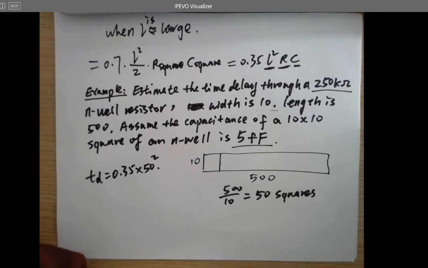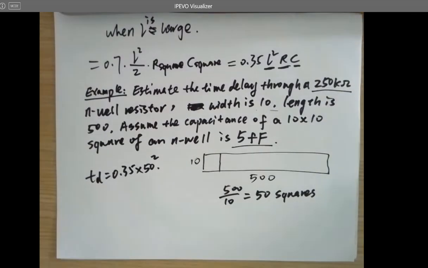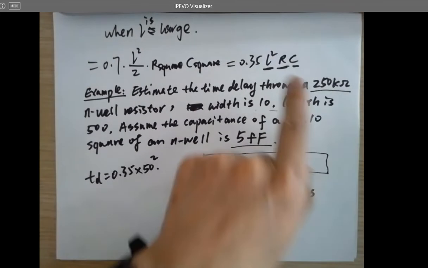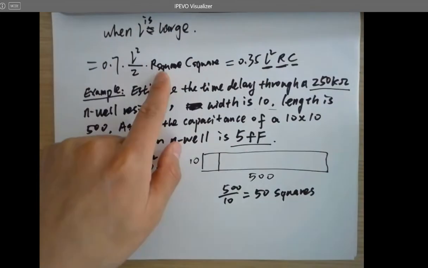All right, what's the sheet resistance over here? What's the overall resistance? Because this has to be the sheet resistance, R squared, right?